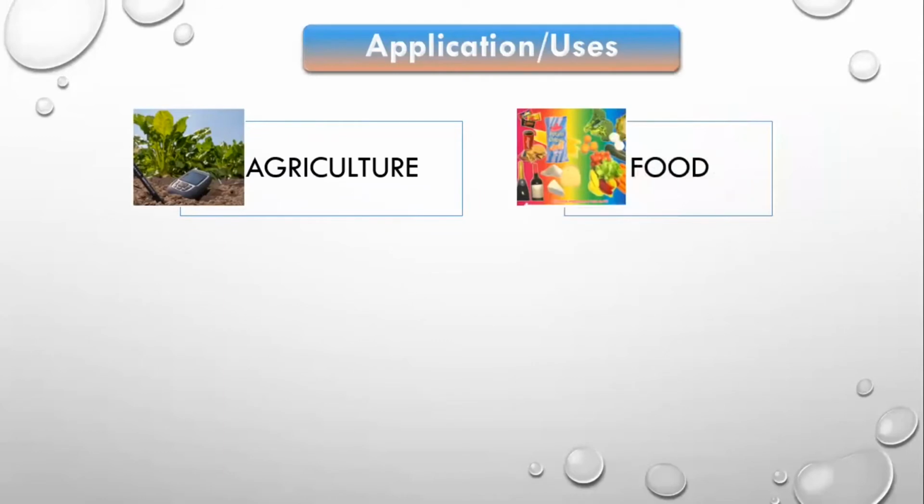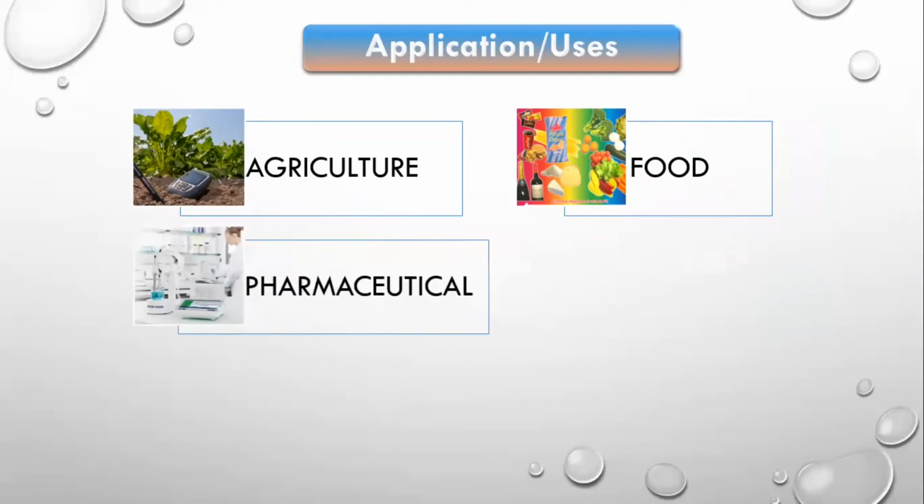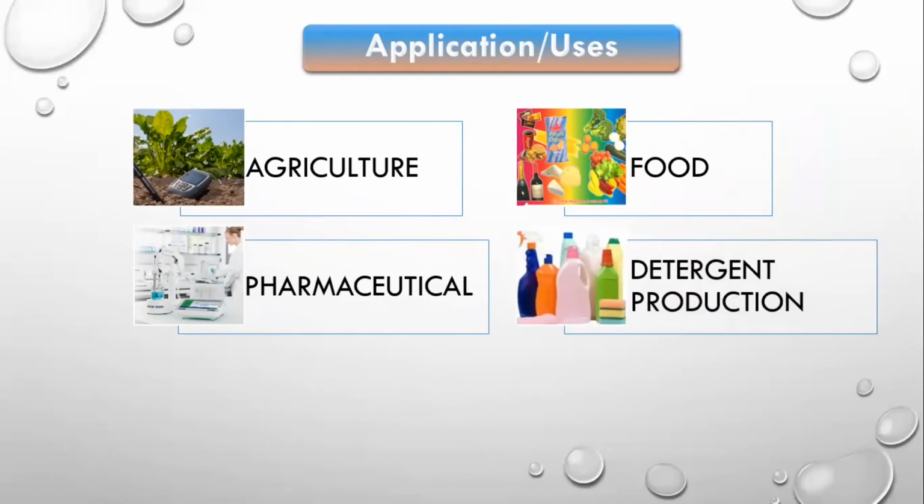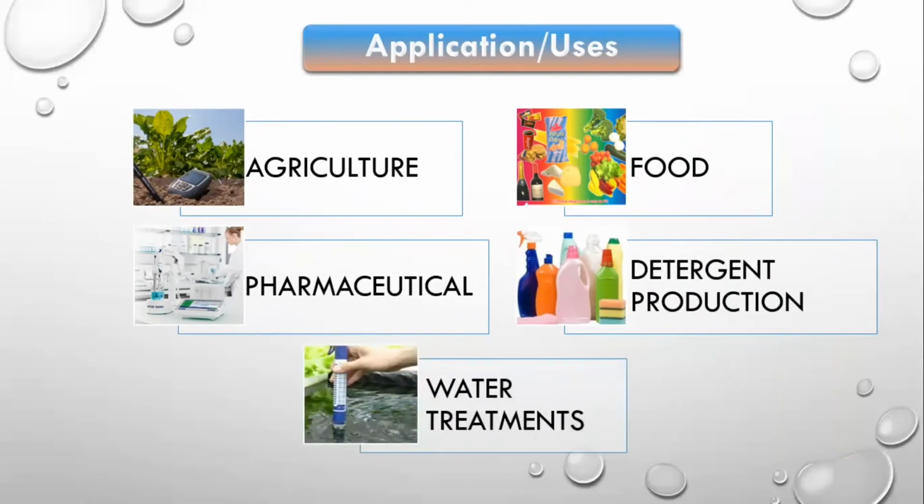It is also used in food industry, especially for dairy products like cheese, curds, yogurts, etc. It becomes mandatory for chemical and pharmaceutical industries. It becomes a significant factor in the production of detergents. Lastly, pH level monitoring is essential in water treatment plants and reverse osmosis water purifiers.